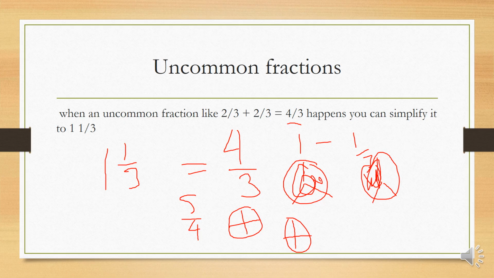We colored this in fully because this becomes one whole. All 4 have been colored. Then only 1 has been colored over here. So that gives us 1 and 1 over 4. Now, how do we convert this back to the uncommon fraction? Well, we do 4 times 1 plus 1. What does that equal? 5. And then we keep the denominator.